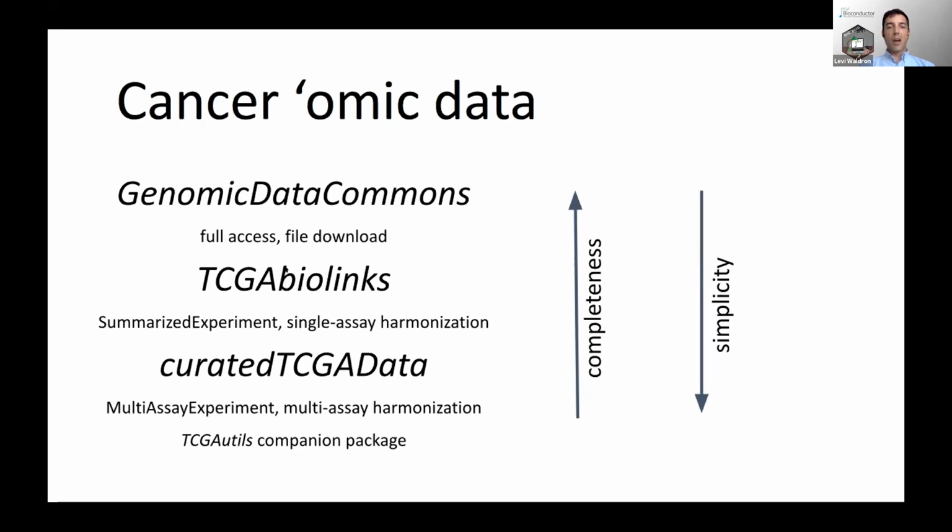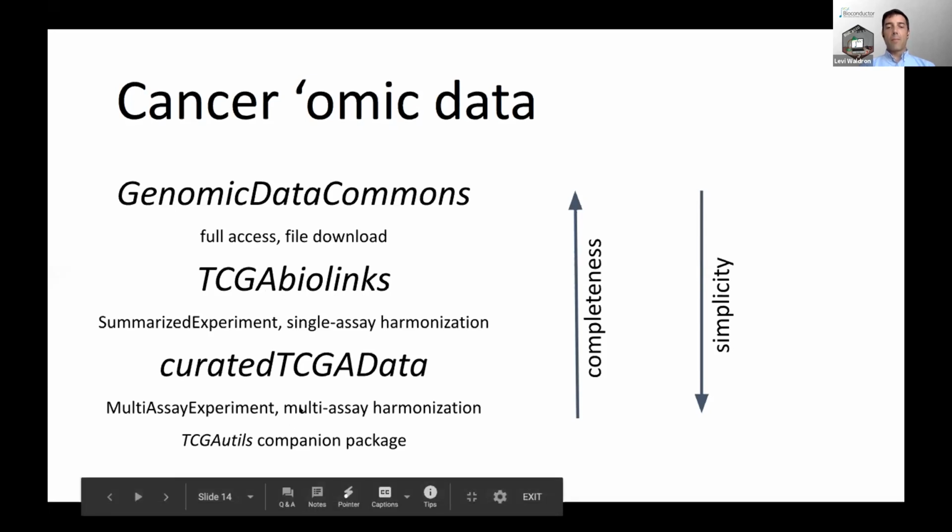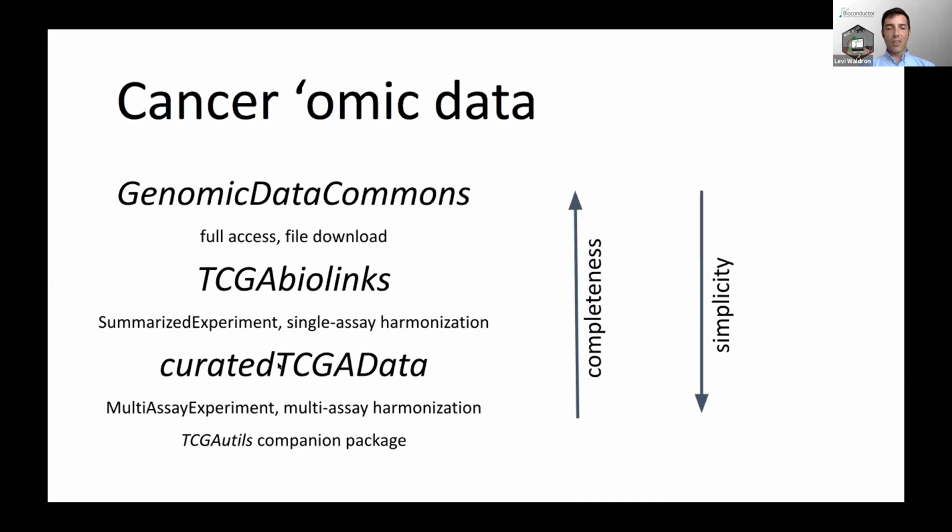So TCGAbiolinks is not the work of my lab, but I mention it because it is an important package. And if you want to get a single omics data type along with clinical data for the Cancer Genome Atlas, this is probably your best bet. And then at the most simple end of this spectrum, again, just for the Cancer Genome Atlas, would be curatedTCGAData.